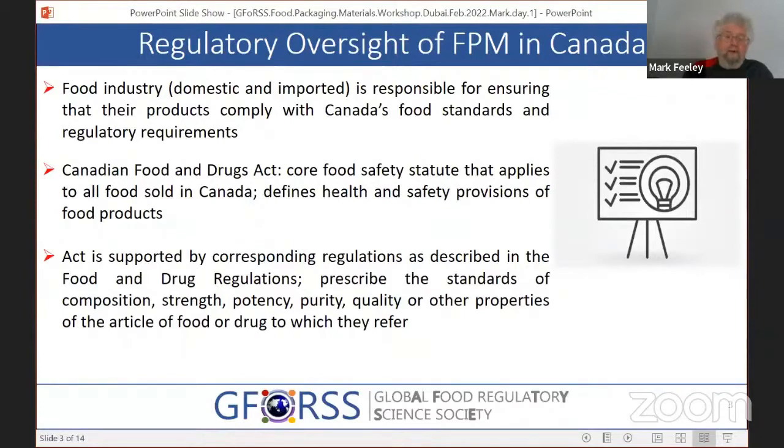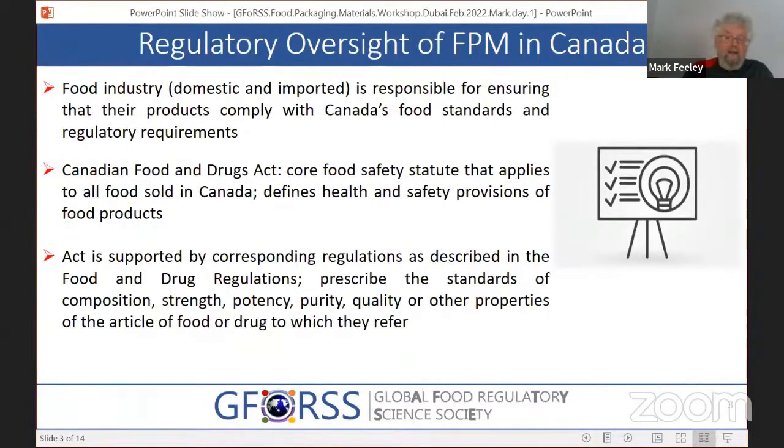So in this particular case, the Food and Drug Act, being the overarching food regulation for health and safety, is supported by specific regulations that are developed under the Food and Drug Regulations. These are the regulations developed for carrying out the purposes and the provisions of the Act and ensuring that they are put into effect.